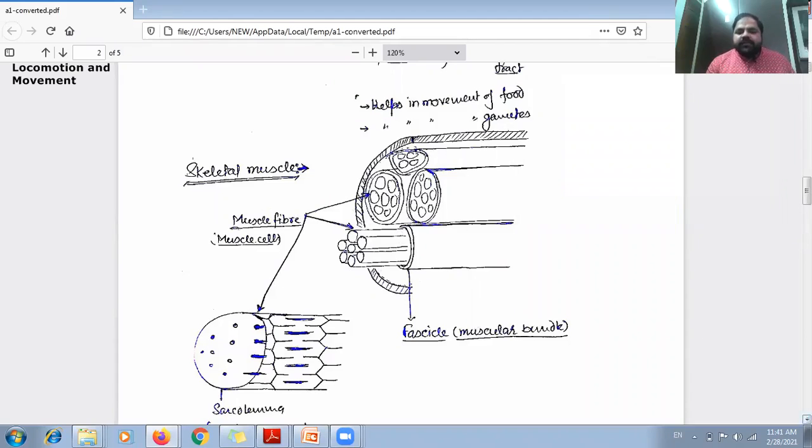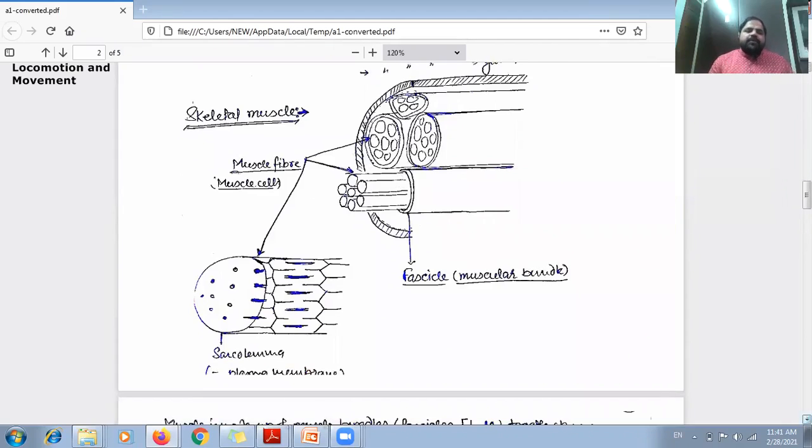These muscle fibers are made up of a plasma membrane which is called sarcolemma, and under this sarcolemma there is a cytoplasm which is called sarcoplasm.